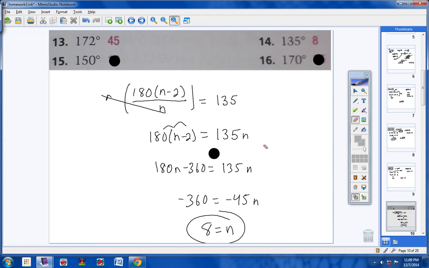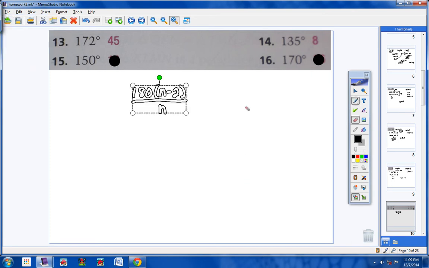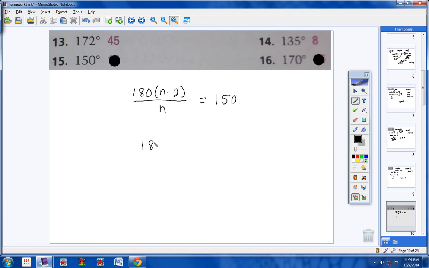Alright, moving on to number 15. Okay, here's our formula we're going to use. That equals 150. Multiply both sides by n, and we're left with 180 times (n minus 2) equals 150n. Now take your 180 and multiply it through. 180 times n is 180n. 180 times negative 2 is negative 360.